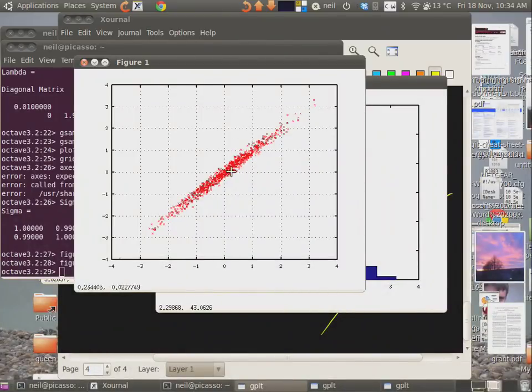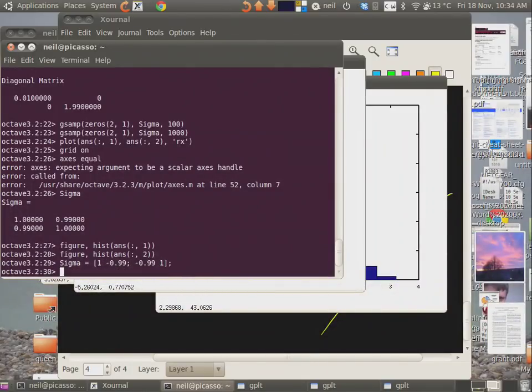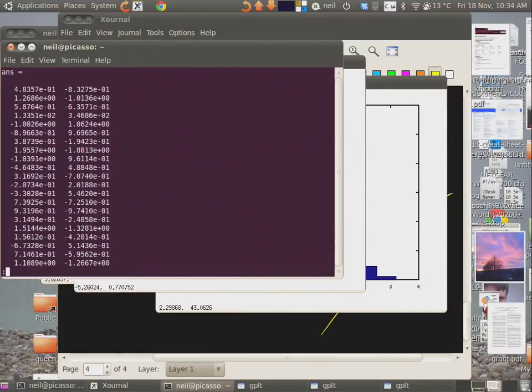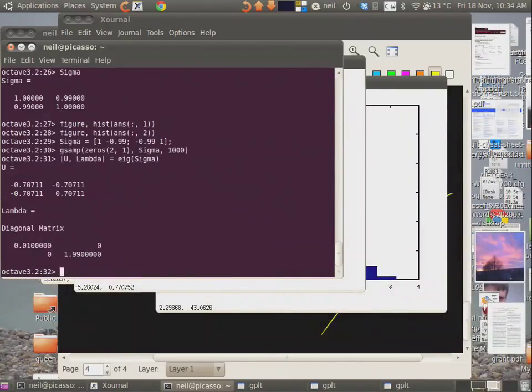So in the example we're looking at, let's go the other way. We can create a sigma which is anti-correlated. Okay, so if we get a sigma that's anti-correlated, we'll look at the eigendecomposition. Now we see minus signs on the off-diagonal.